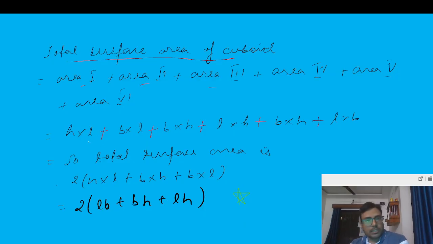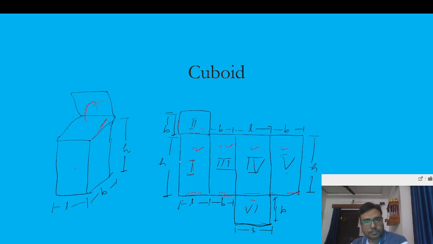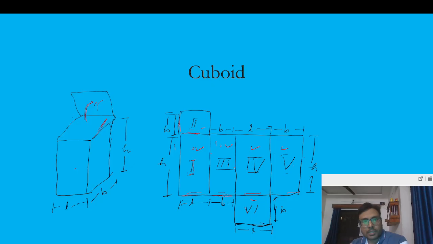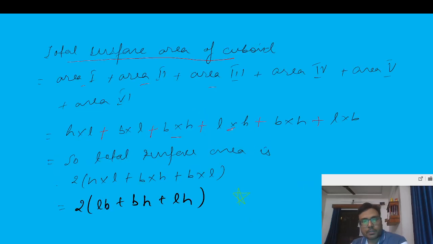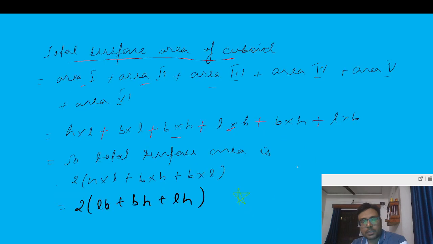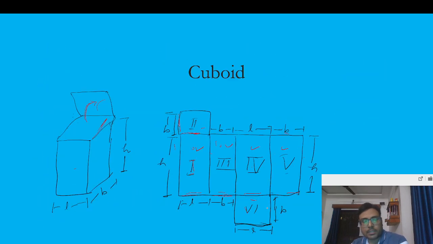So you see h into l, area 1; h into l, area 2; b into l, area 3; h into b, area 4; again h into l, area 5; b into h, and area 6, l into b.